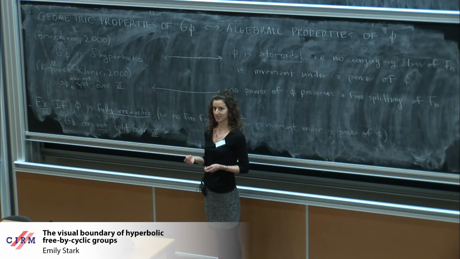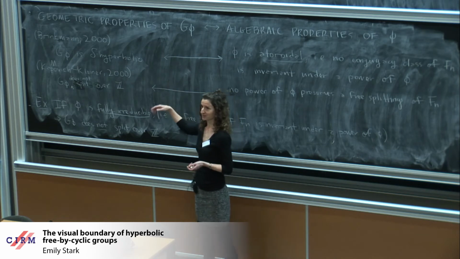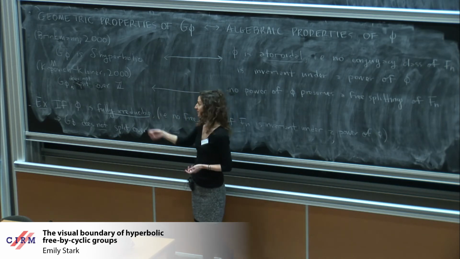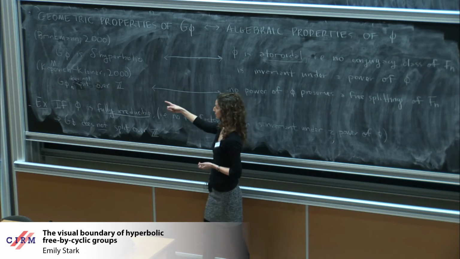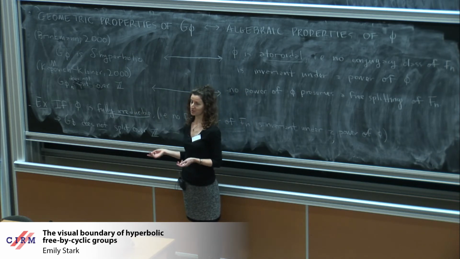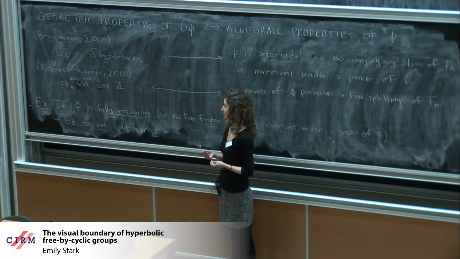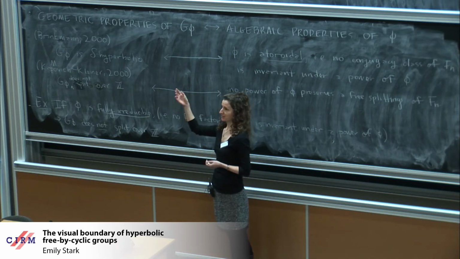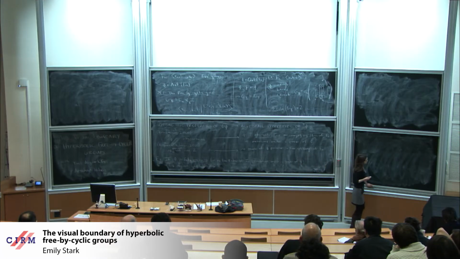So some quasi-isometry classes can be distinguished, those that are hyperbolic and aren't, those that split and those that don't. However, among the delta hyperbolic free-by-cyclic groups which do not split over Z, there are no known quasi-isometry invariants. And this is still open, and one natural approach to this question is to try to understand the visual boundary of these groups. So recall the notation.